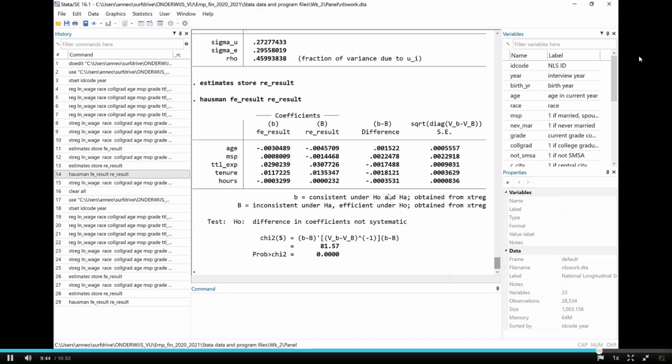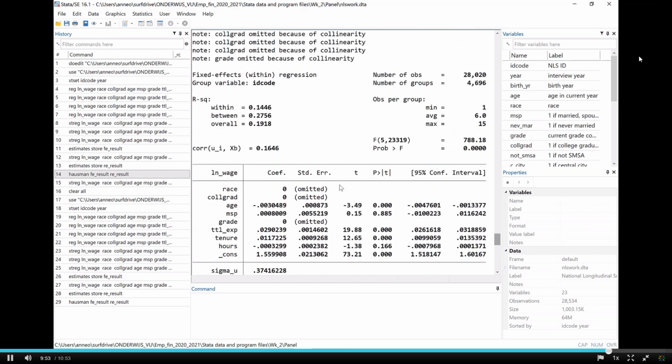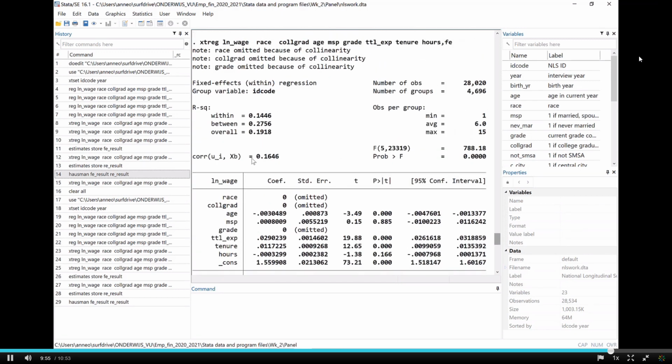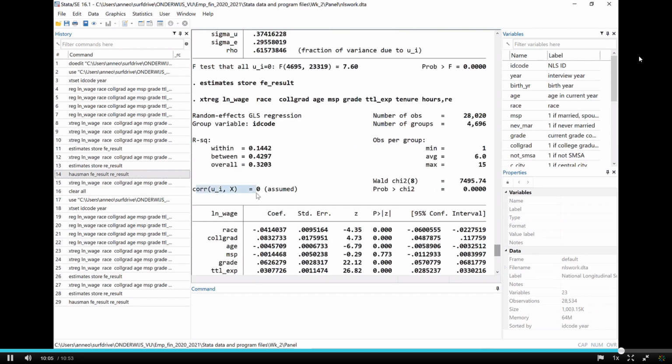Put differently, we really should use individual fixed effects. We could have seen this already a bit. Why? Because here you see the correlation between the u_i and the X variable is equal to 0.16. And remember, with the random effects, you assume that is equal to 0.